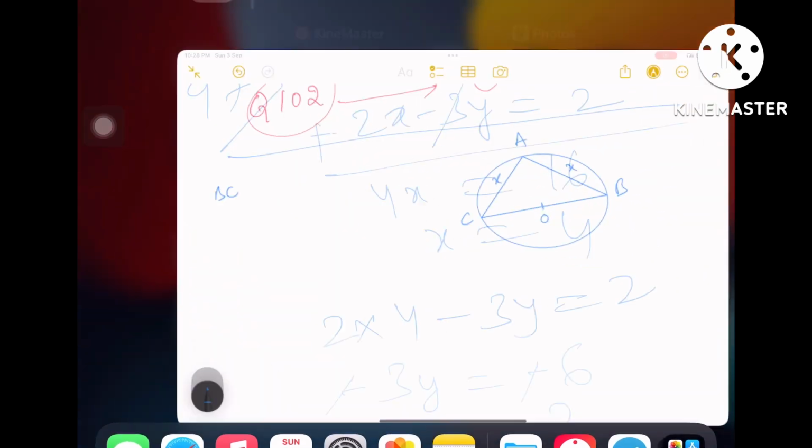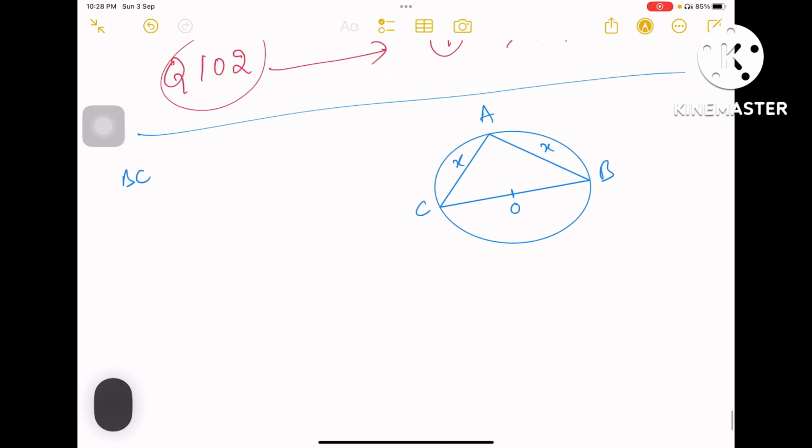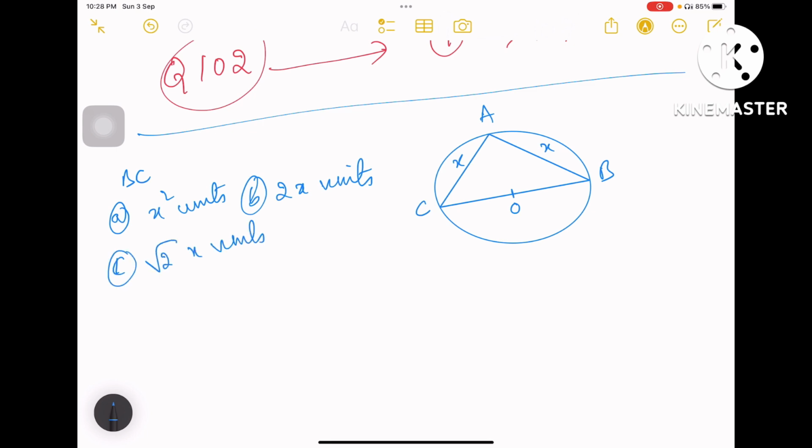2 root x. Let's see. So the options are x square units, 2x units, root 2x units, or x root 2 to root x units.